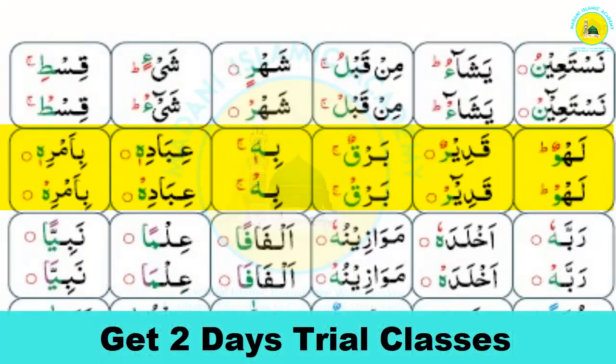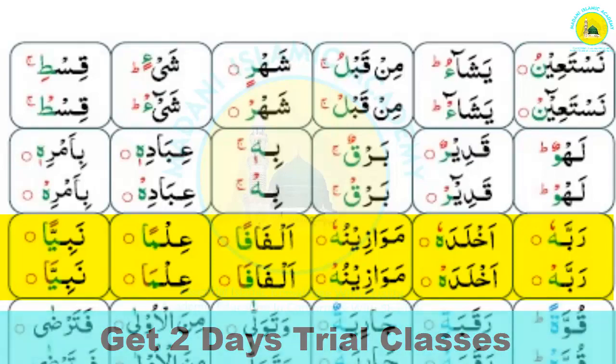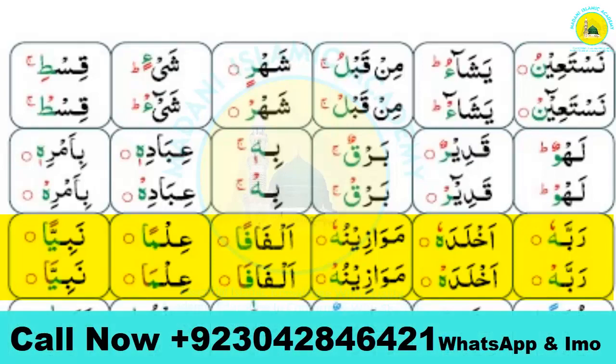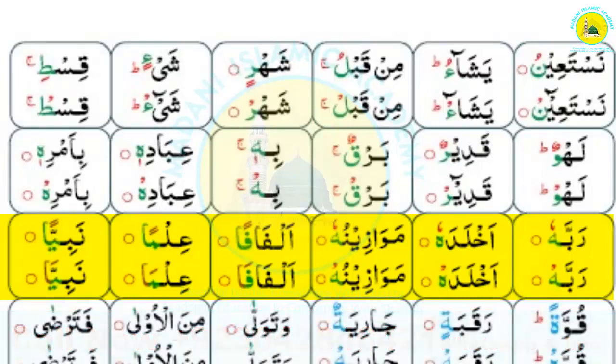Now you've got the end of the page and the end of an ayat. Normally it would be rabbahu. But now the ba will join with the ha because we're going to stop because of an ayat. Rabbah. Next one.